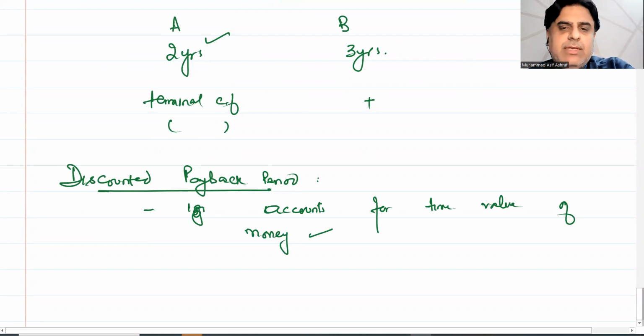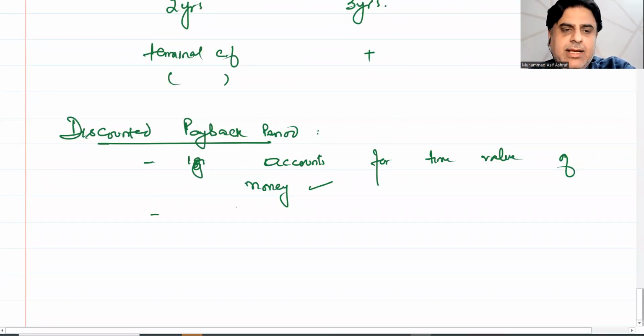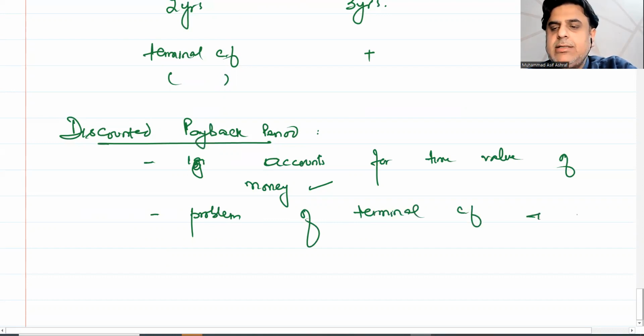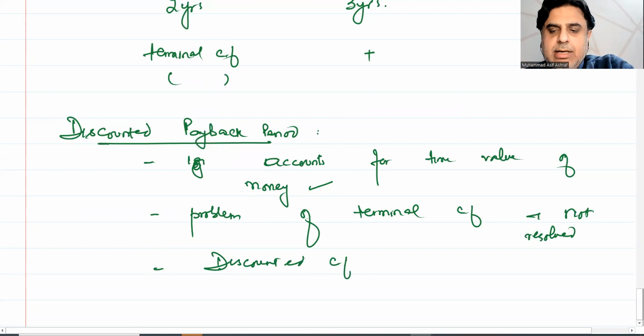So one problem is resolved, but still the problem of terminal cash flows is not resolved. Here you will use the discounted cash flows.